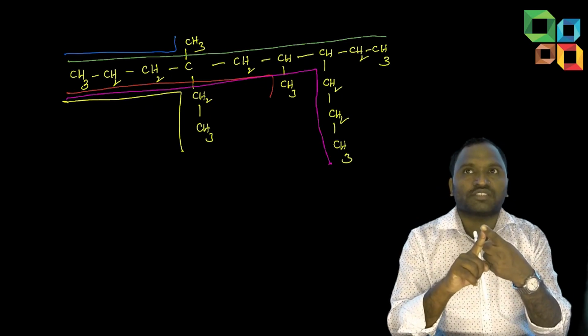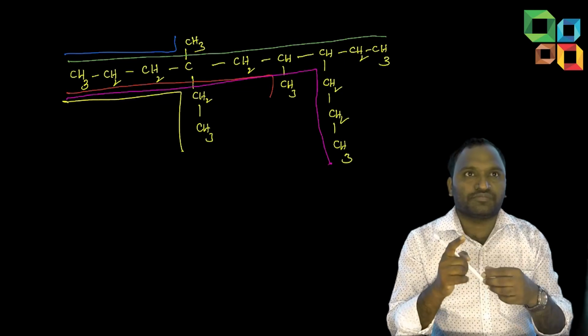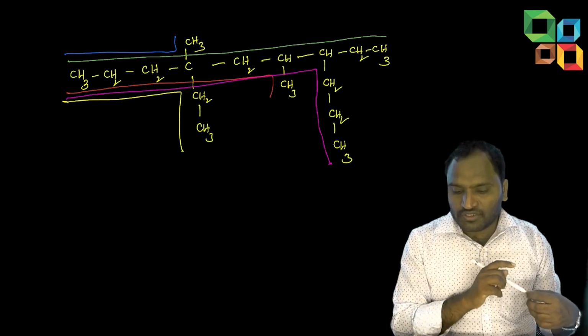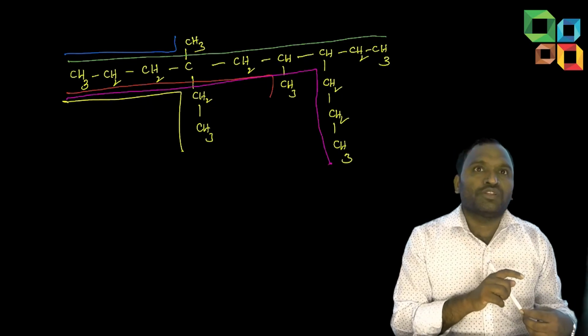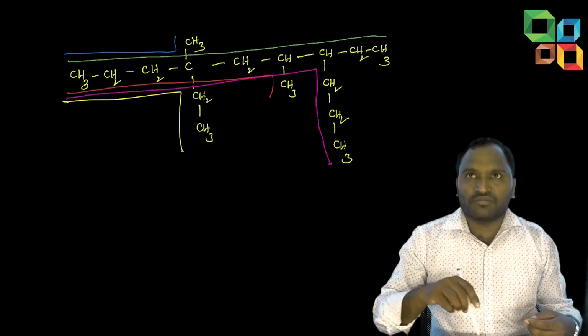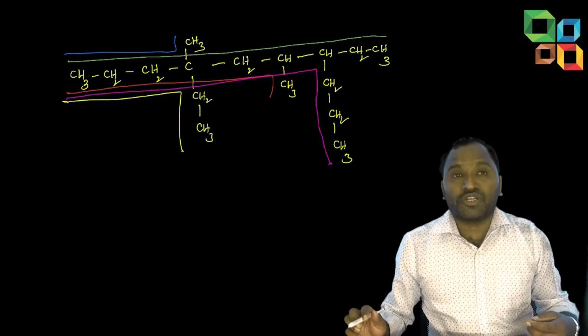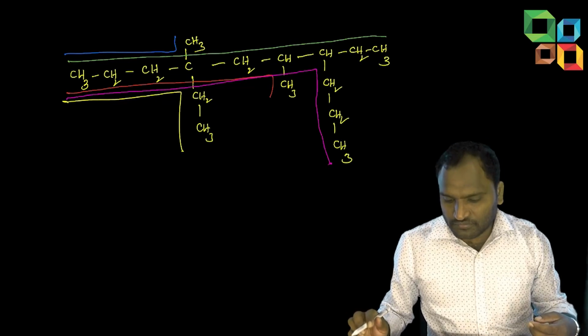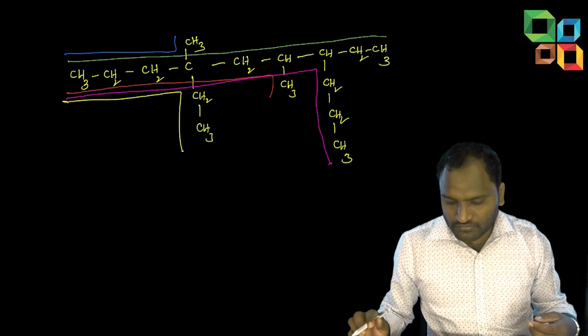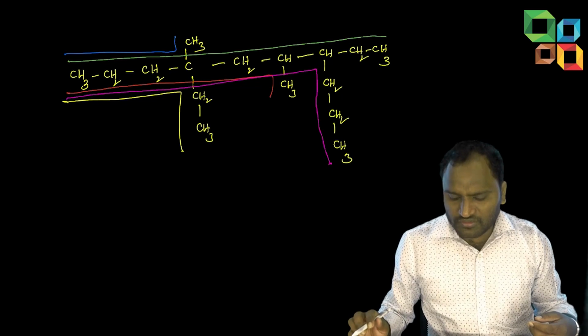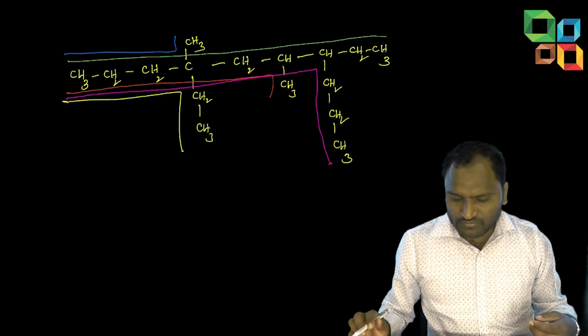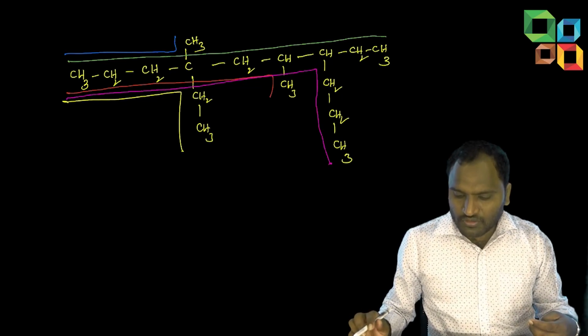Now your work started. Just count. Which is the parent chain? Just tell me the color of the line beside. Purple chain.